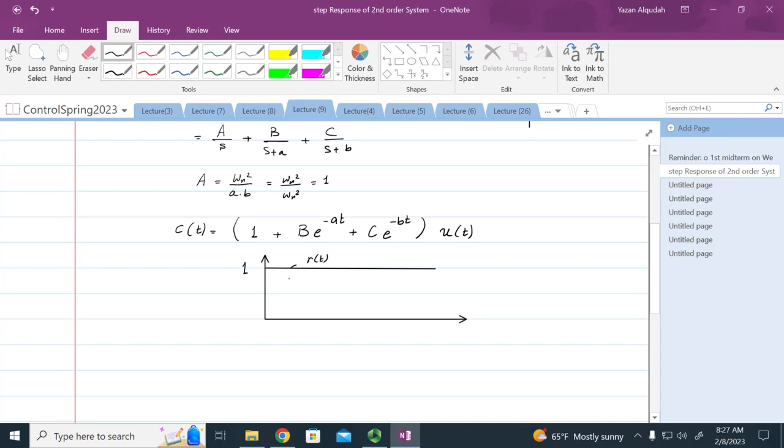It's going to start at 0 and it's going to go all the way to 1. So this is our C of t. Together? Make sense?